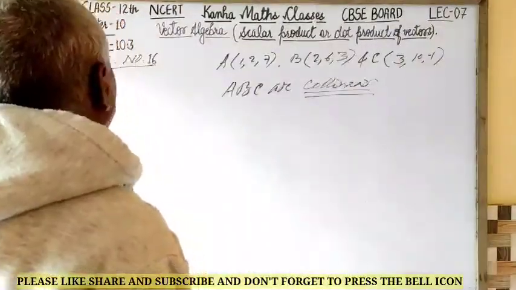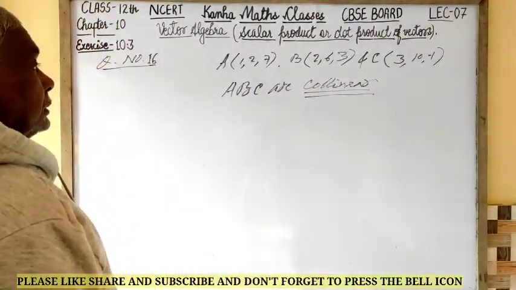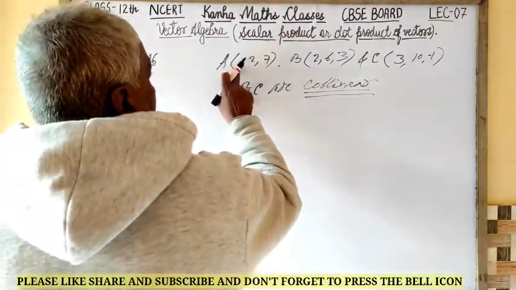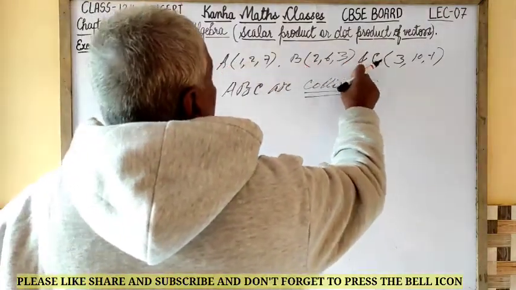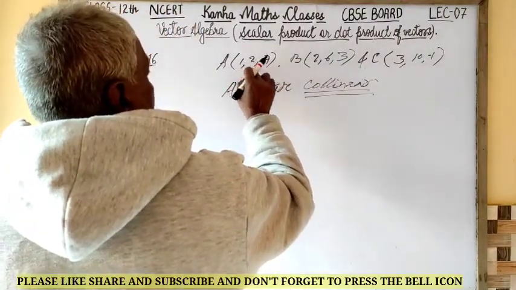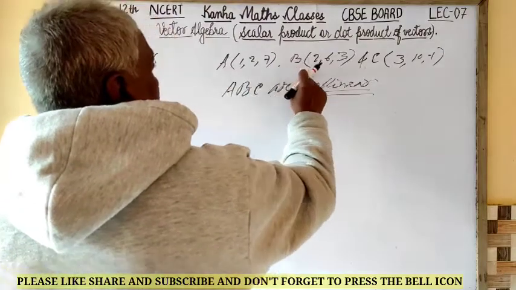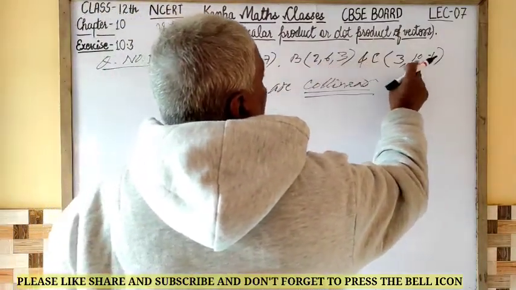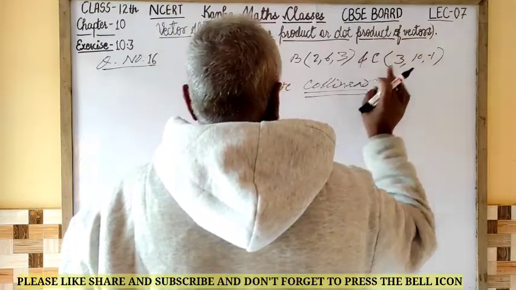Now in question number 16, it's given the position vectors of A, B and C. A is i plus 2j plus 7k, B is 2i plus 6j plus 3k, and C is 3i plus 10j minus k.